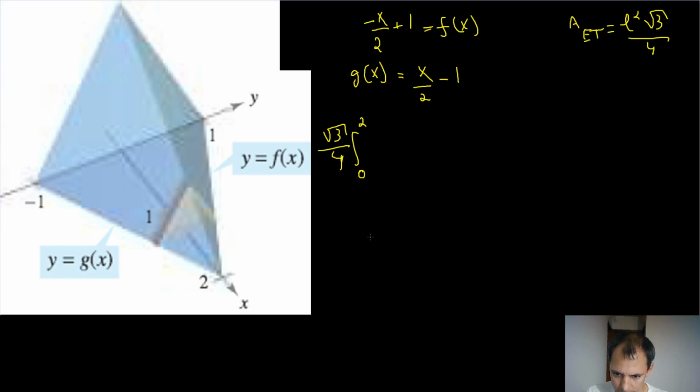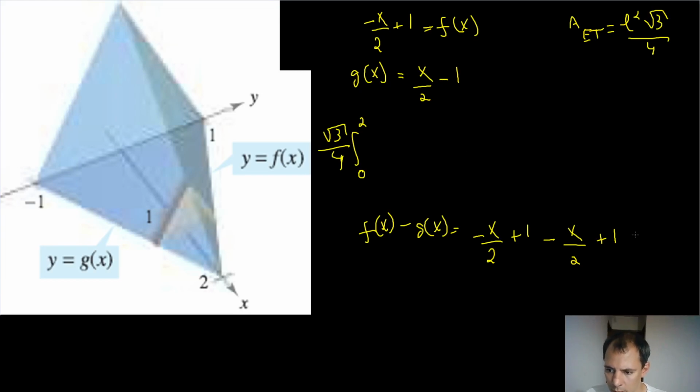So let's see here. F of x minus g of x equals minus x divided by 2 plus 1 minus x divided by 2 plus 1. Because I'm doing a minus here and a plus here, okay?